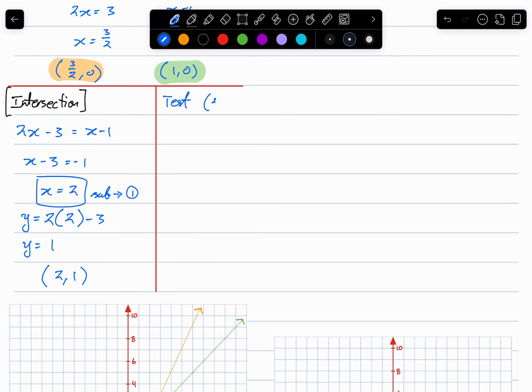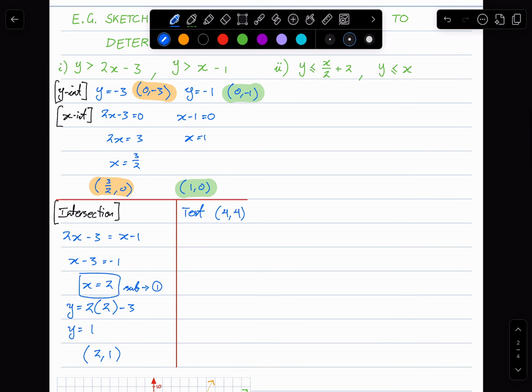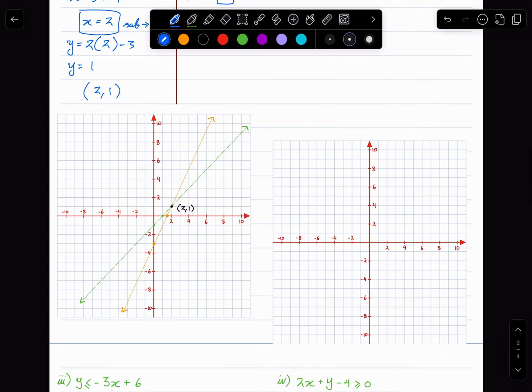Testing (4, 4) into our first one, we get 4 is greater than 2 times 4, which is 8, minus 3. So 4 is greater than 8 minus 3, which is 5. And this one is not true.